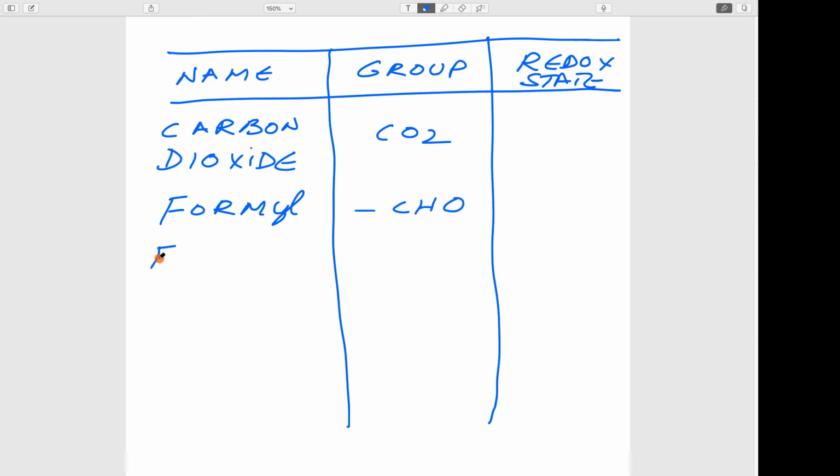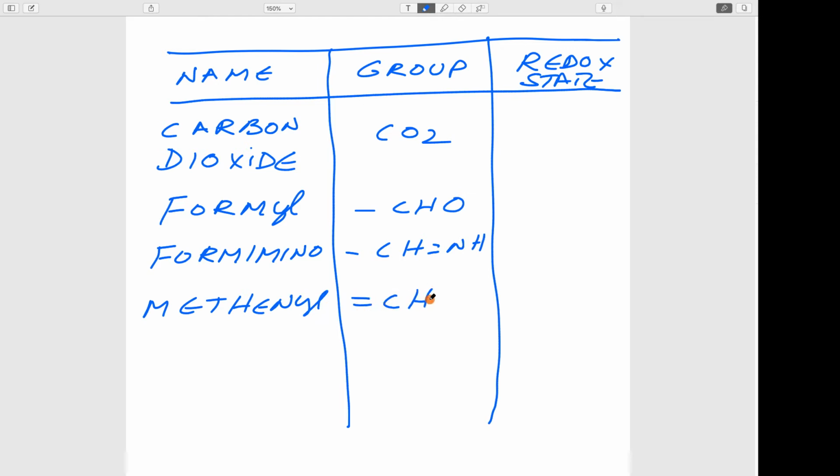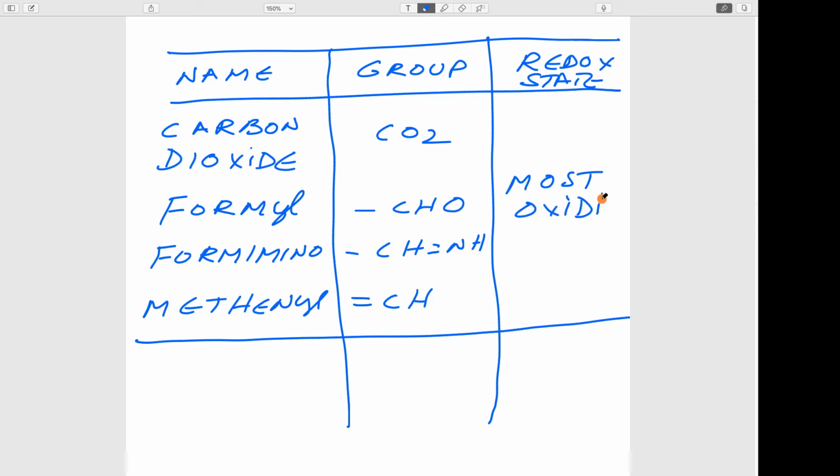Then the next one is formimino, that is CHNH. The next one is methenyl, here it is CH. These four I'll be placing as most oxidized. Of course, carbon dioxide is the most oxidized, followed by the others.